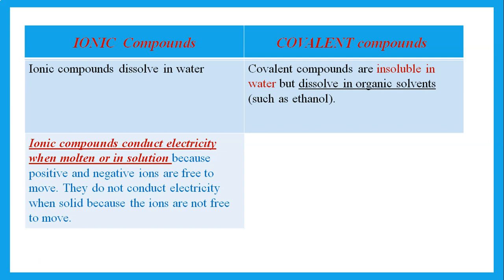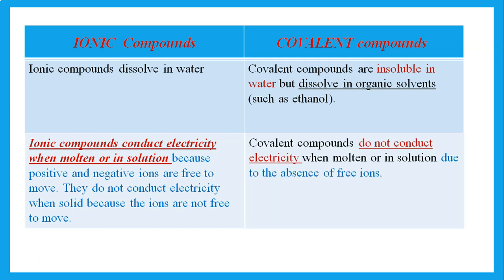Please learn these explanations. What about covalent compounds? We say covalent compounds do not conduct electricity at all. The only covalent compound that conducts electricity is graphite, and we'll be talking about that. But in general, covalent compounds do not conduct electricity because they don't have any free ions. So this is due to the absence of free ions or free electrons.